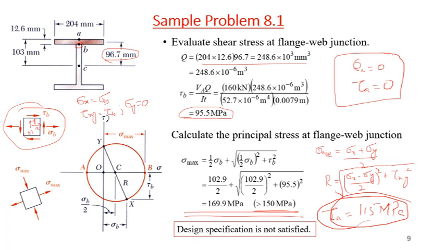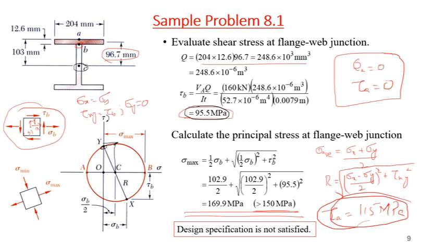So again, the maximum shear stress will be the radius of the Mohr circle for that case, which is larger than this tau B value. It will be way larger than this value, or it can be larger at this C as well. So again, you have to analyze at different critical locations where you get maximum stresses.